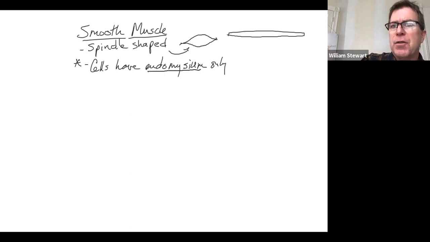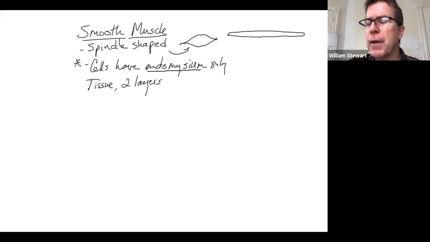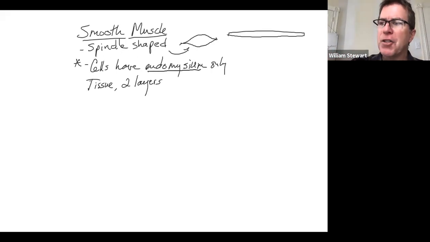Of the smooth muscle tissue, there's typically 2 layers involved. So when this muscle tissue is lining visceral organs like our stomach and our intestines and our trachea of the respiratory system, they are in long flat sheets wrapping around those organs, and there's usually 2 layers of tissue.